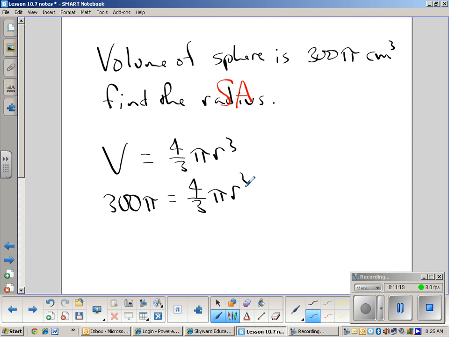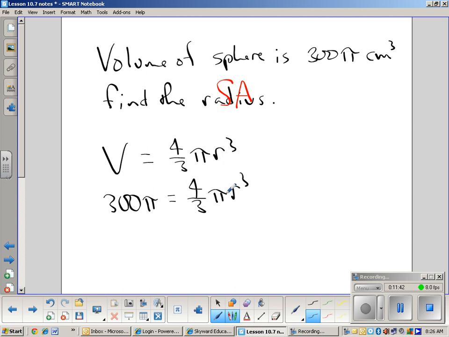Okay? That's the volume. So I need to solve for r. If I want to solve for r, I have to get rid of pi. And what's happening with the pi and the r? Multiplying it, right?